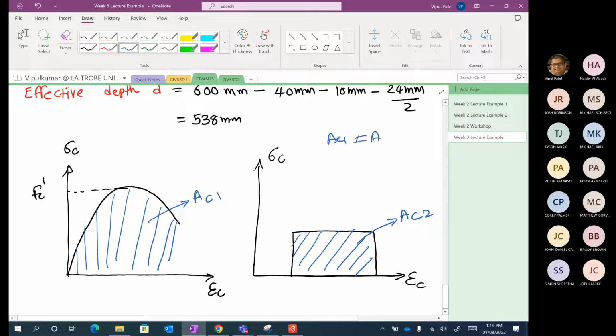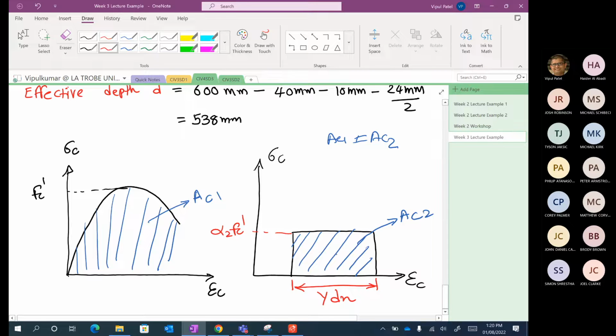So the height of that one would be alpha 2 fc dash, and the width of this one would be gamma dn. So you can look at these two on the left side. You have this blue one, where engineers are not able to find the area under this curve.